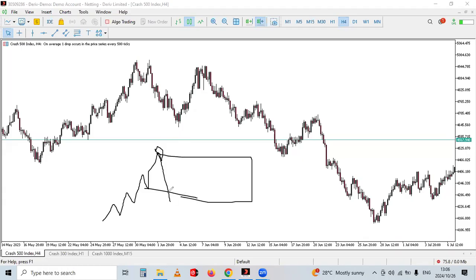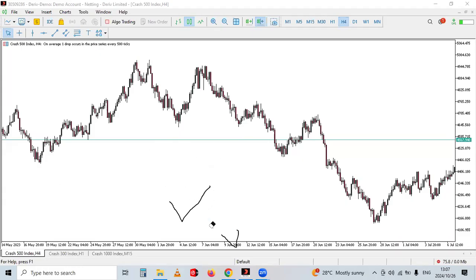Then how do we enter? We can enter on this breakout once it clears the previous low, or wait for the market to come back inside the sell zone. Then it trades off. This is our main target entry. Do you understand? So let's check if the chart did that. If you check here, this was a good uptrend.